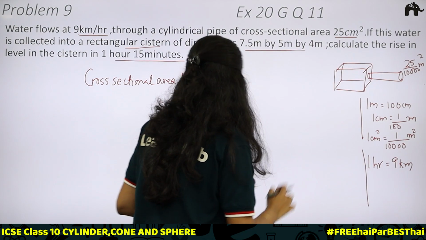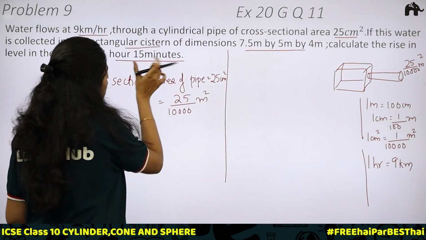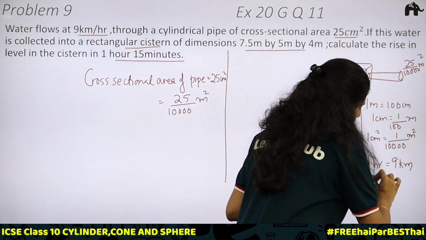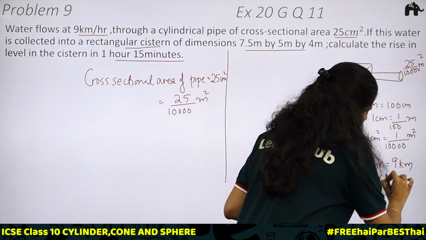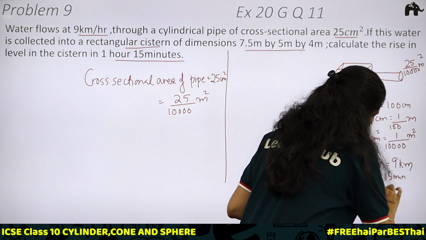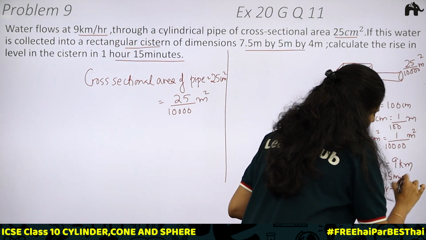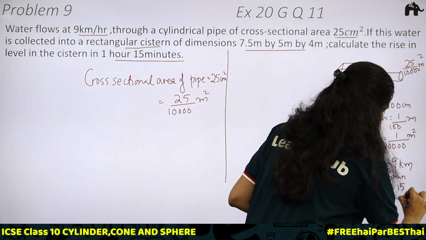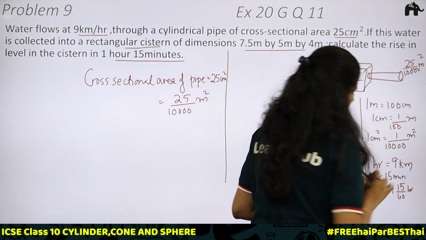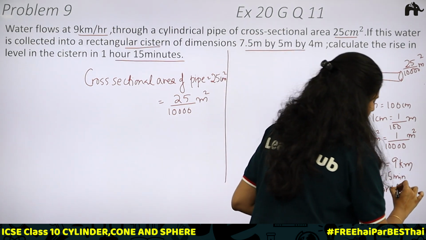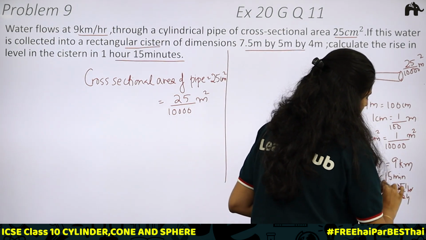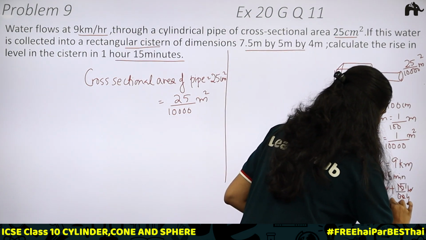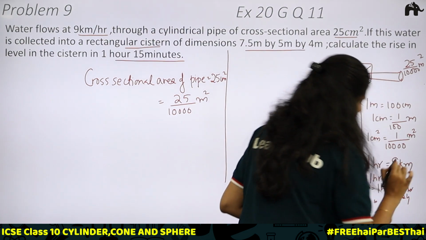Here we need to calculate for 1 hour 15 minutes. 1 hour 15 minutes is equal to 1 hour plus 15 minutes, and converted into hours that is 15 divided by 60 hour. 15 by 60 is 1 by 4. 1 hour plus 1 by 4 hour, on adding, we get 5 by 4 hours.